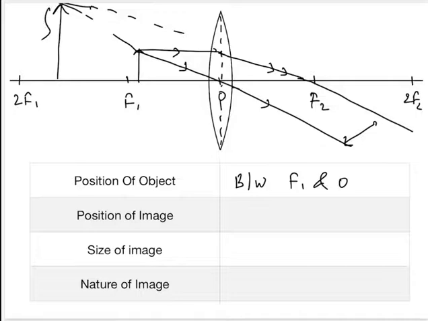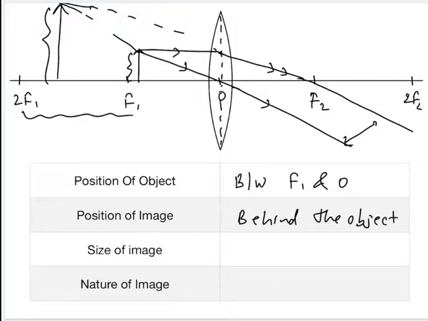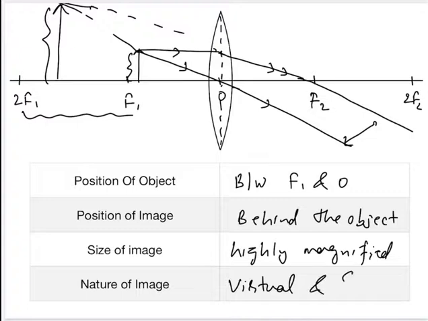Now this image is very much greater than the object. So image is formed, we can write, behind the object. Anywhere. It is not necessary that it should form between f1 and 2f. It can be formed anywhere. Size is highly magnified. Nature virtual and erect.